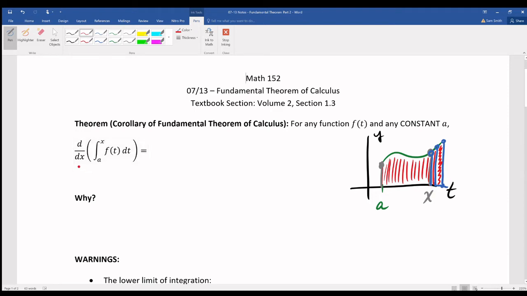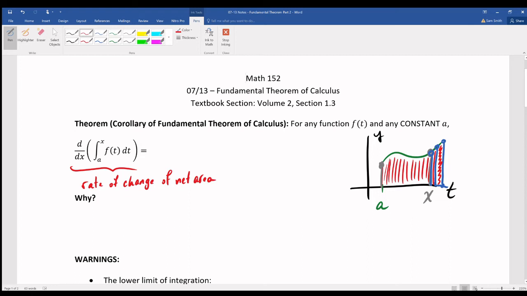And that's the question that we're asking when we take the derivative with respect to x of this integral. We are asking, what is the rate of change of net area as we adjust the right-hand limit?